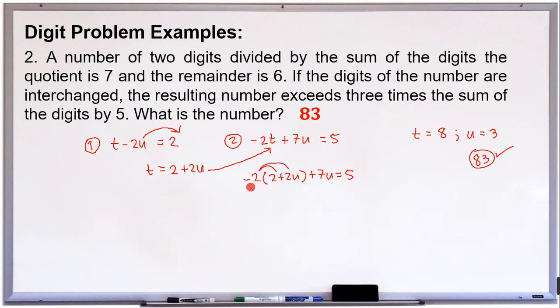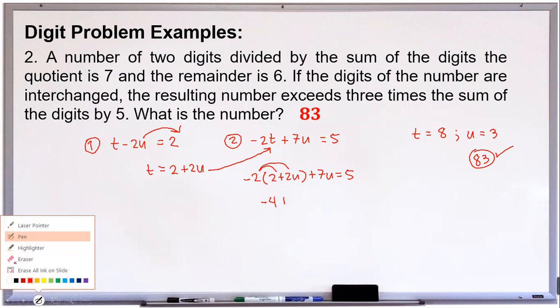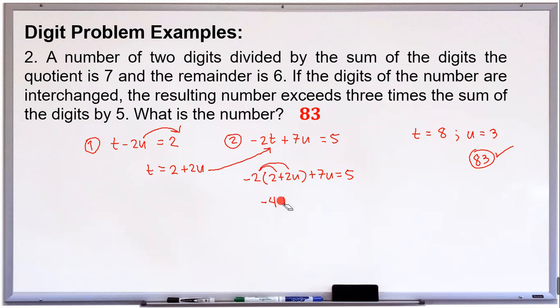So can you distribute the negative 2 to each term inside the parentheses? That will be negative 4, okay, not positive but negative. So we have negative 4u plus 7u is equal to 5.